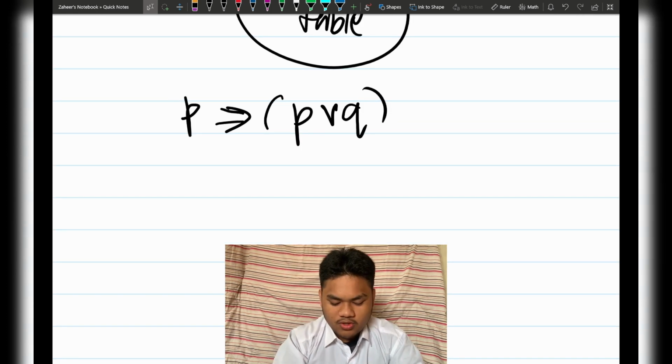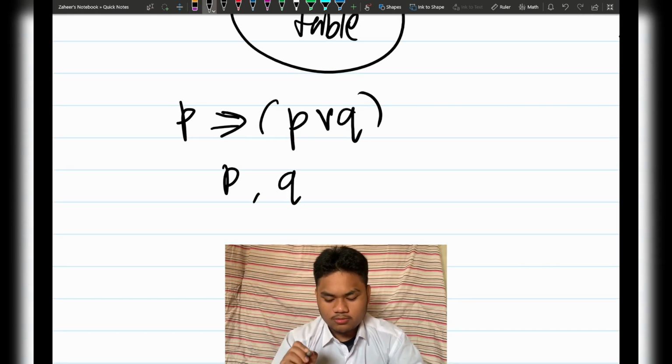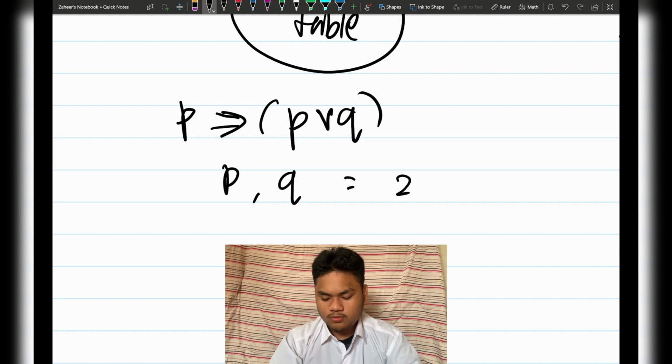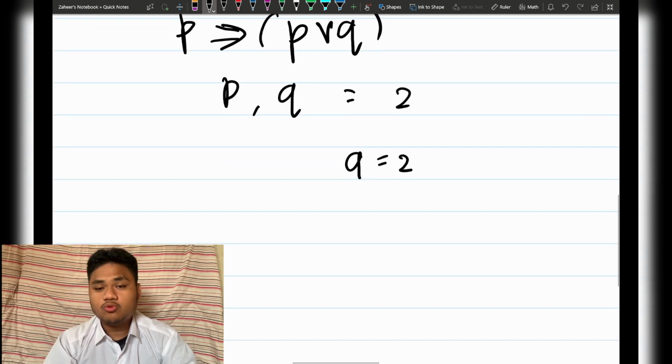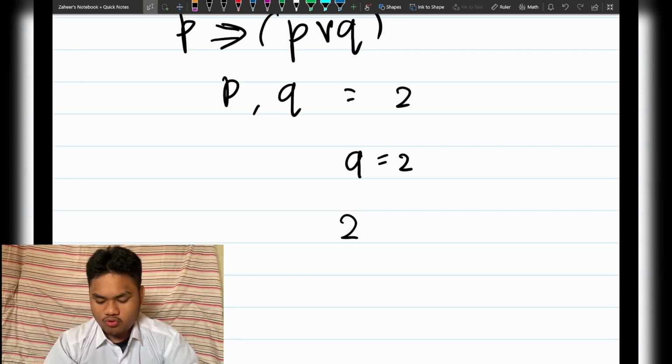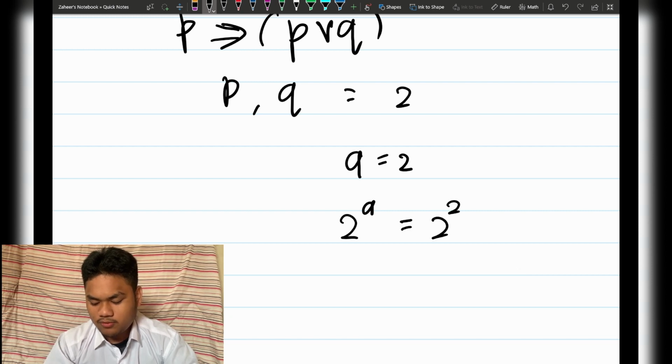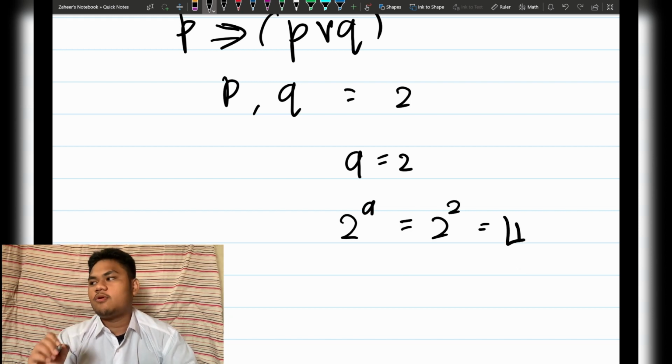In this statement we have P and Q, so we have 2, so A is equal to 2. The number of rows is 2 to the power of A, meaning 2 to the power of 2, which is equal to 4.